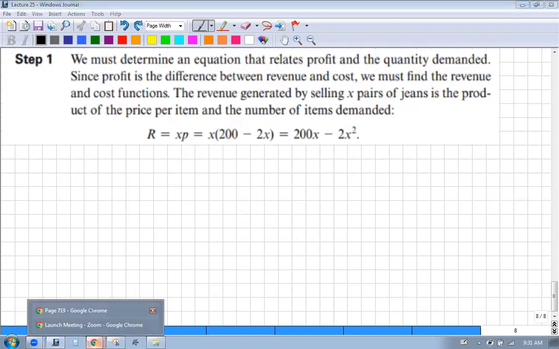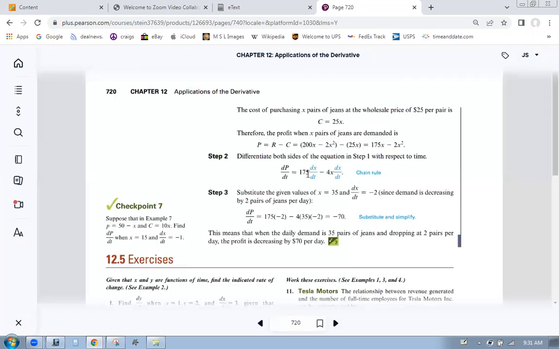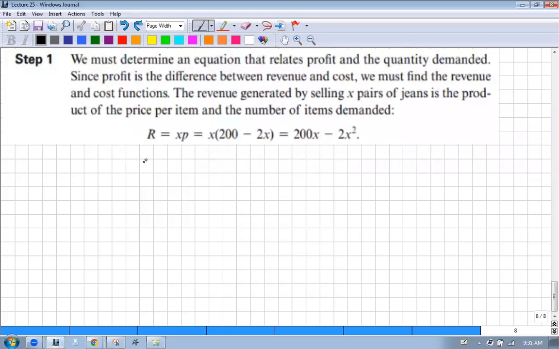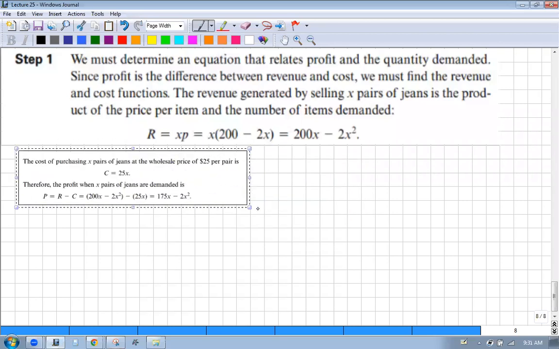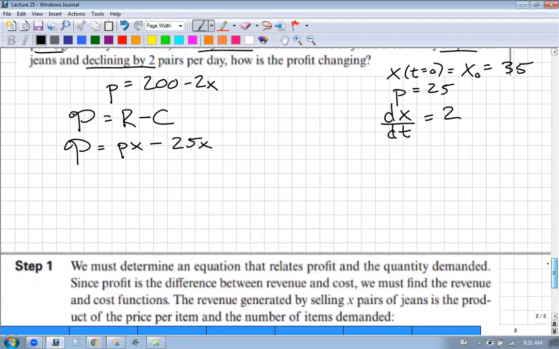Is the cost function what was confusing me? These are costs. The cost, yeah, 25x. I was on the right track.